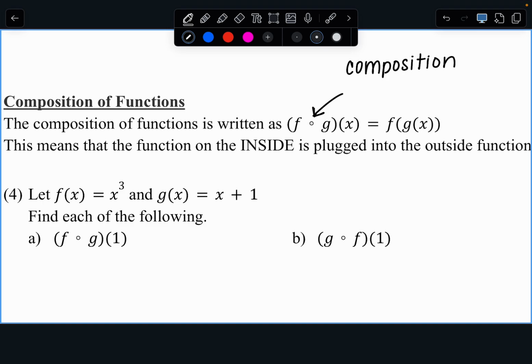This means take the function f and plug g into the function f. So you're going to start with f, then plug in the function g.